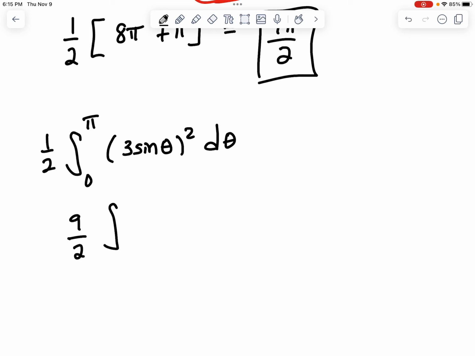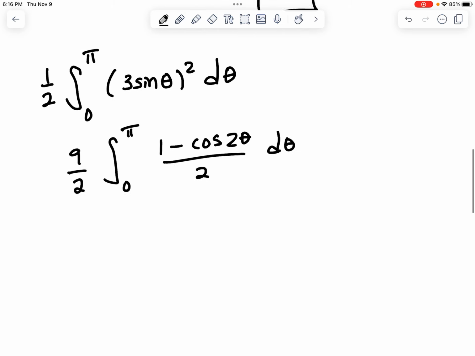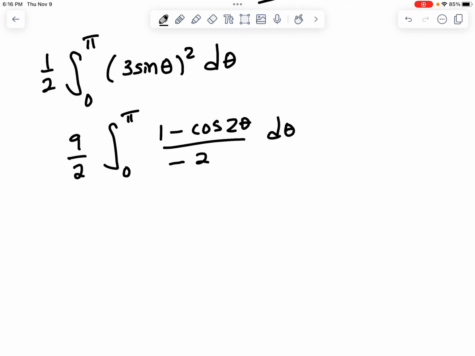And then what's going to be left is our good old friend sine squared. And once again, sine squared needs to be replaced with 1 minus cosine of 2 theta over 2. And I think I'll go ahead and factor out that 2, so it now becomes 9/4.